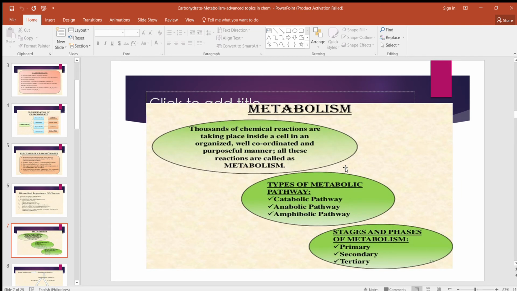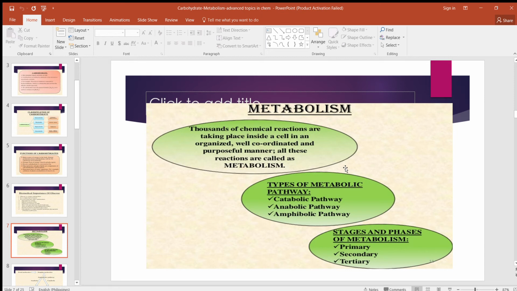So let us discuss now the metabolism. During digestion, carbohydrates are broken down into simple or soluble sugars that can be transported across the intestinal wall into the circulatory system to be transported throughout the body.